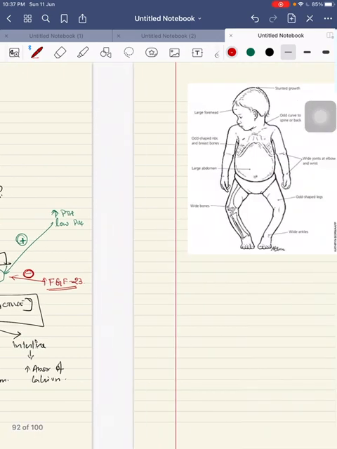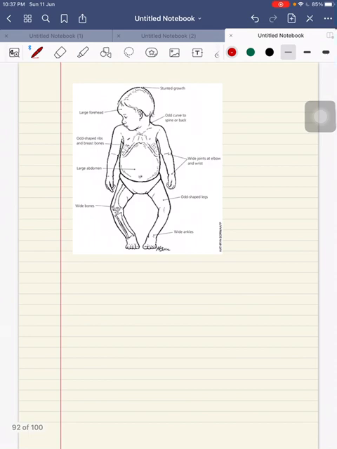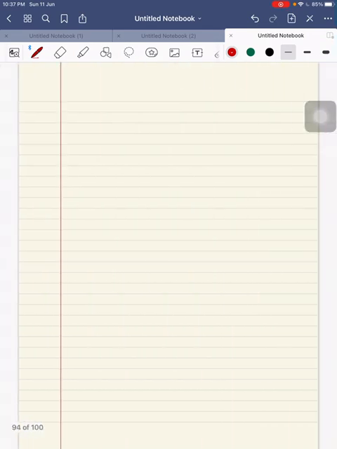Next we will see the types of rickets. So in types of rickets, we have classified into two types. One is nutritional rickets.